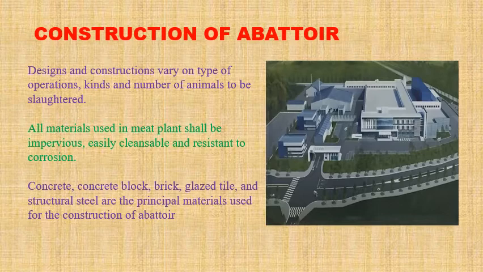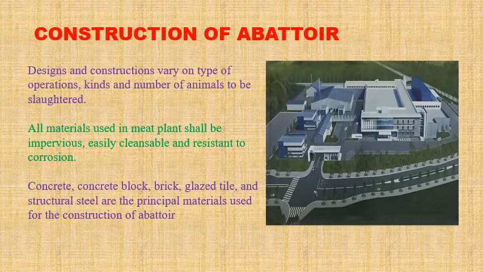All materials used in a meat plant shall be impervious, easily cleansable and resistant to corrosion. Impervious means that water and the like should not be absorbed easily. Concrete block, brick, glazed tiles and structural steel are the principal materials used for the construction of an abattoir.